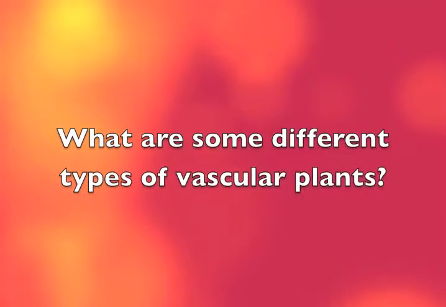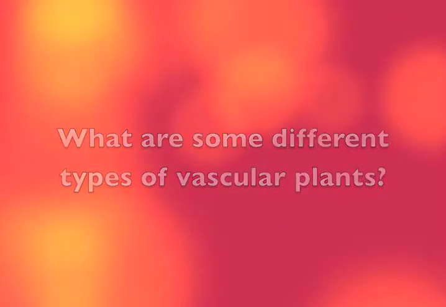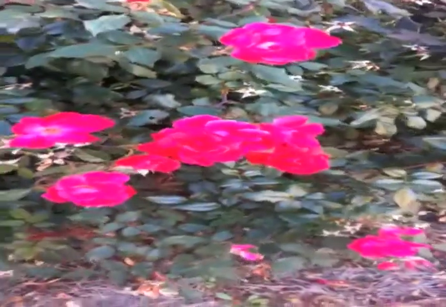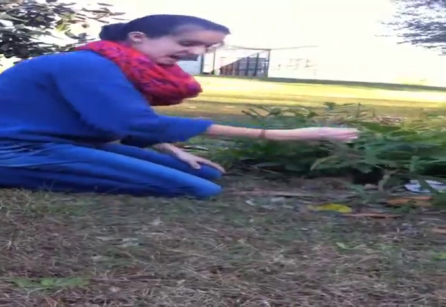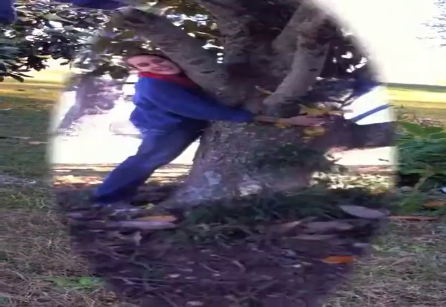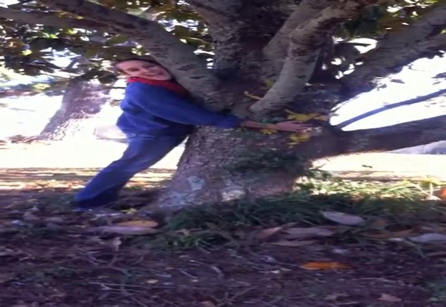First, let's try to find some vascular plants. Grass! Flowers. There's many different types of weeds. And trees.